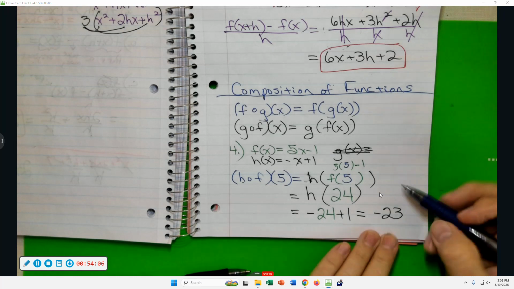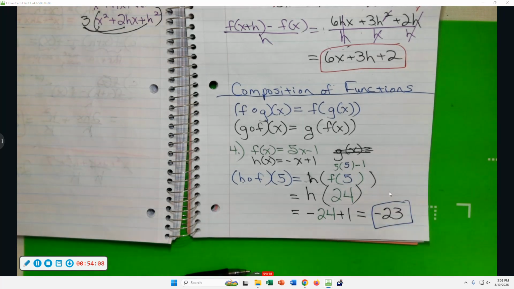Any questions there? In words, what are we doing? Take this number in the parentheses, plug it into f. Take that answer, plug it into h.